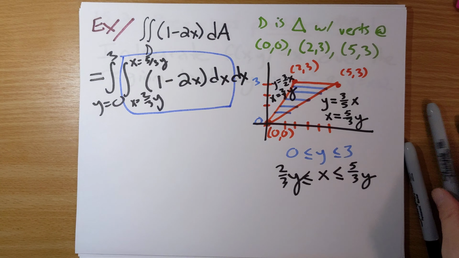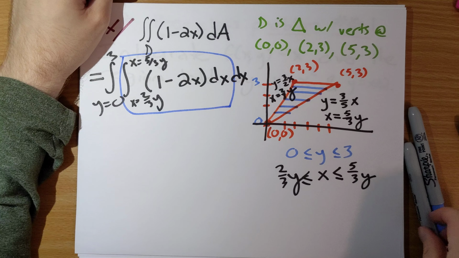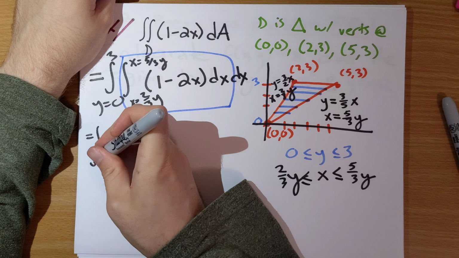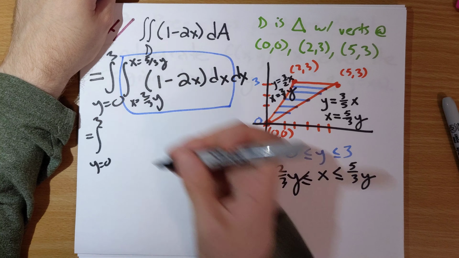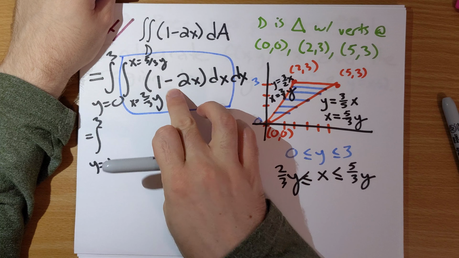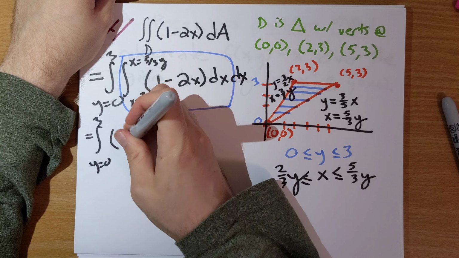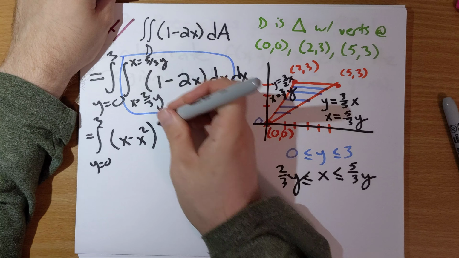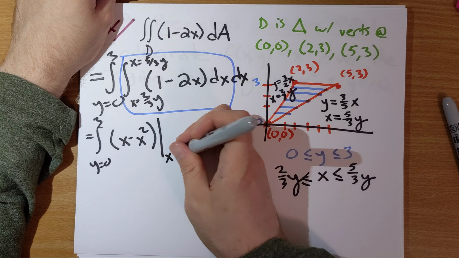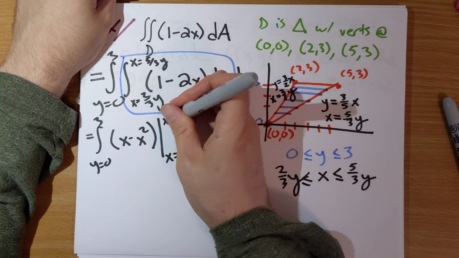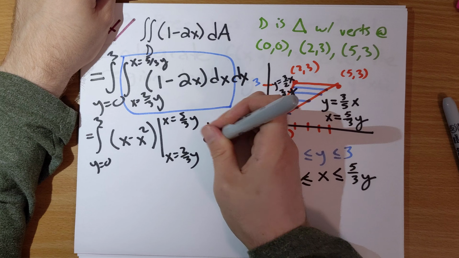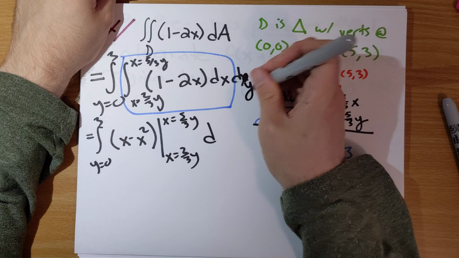To evaluate this, we look at the inside integral first. The antiderivative will be x minus x squared. The thing that we're plugging in is x is 2/3 y, x is 5/3 y. Oops, I wrote dx twice there. That should be a dy.